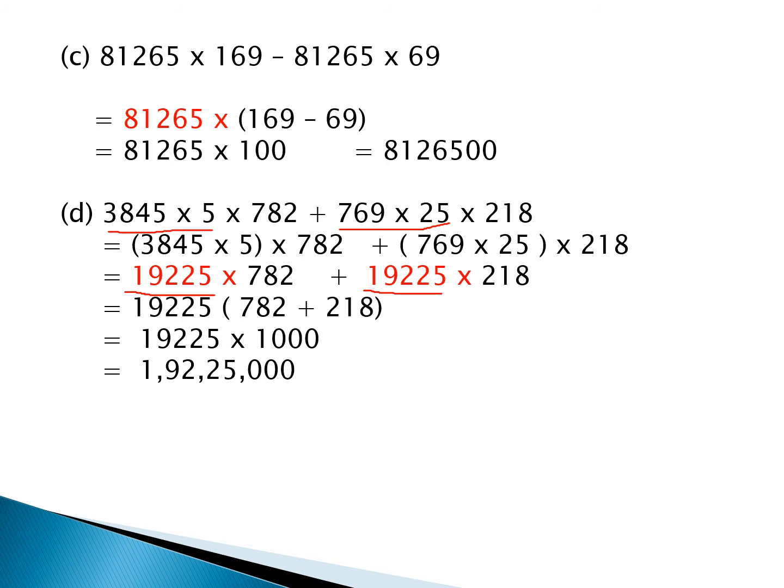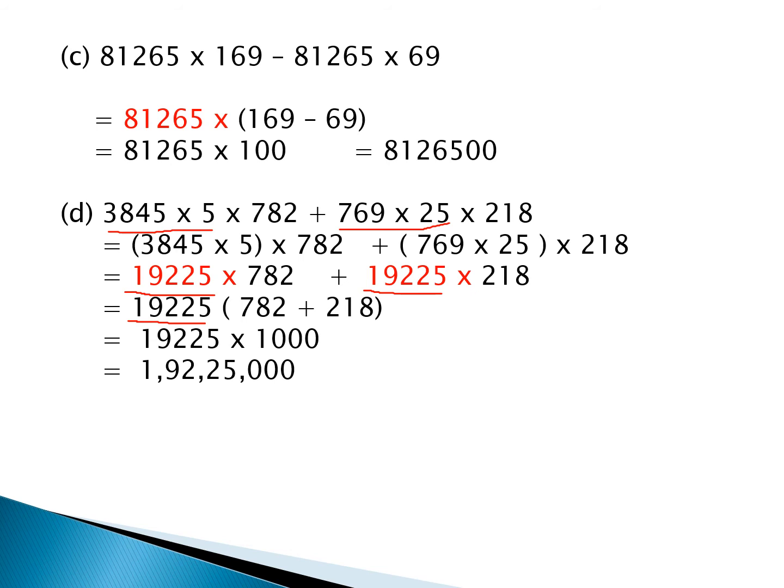Now 19,225 multiply is written outside the bracket, and inside the bracket we will write 782 plus 218. After solving the bracket first, we will get 1000. So when 19,225 is multiplied by 1000, we will get 1,92,25,000, which is our final answer.